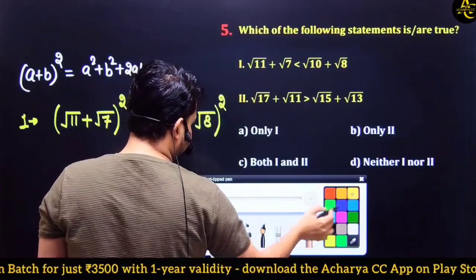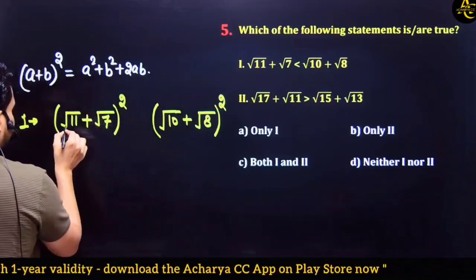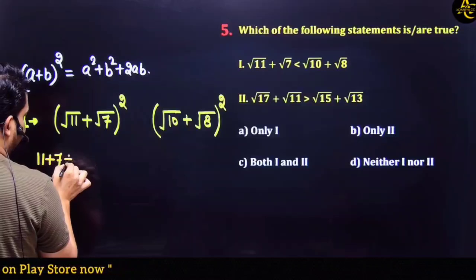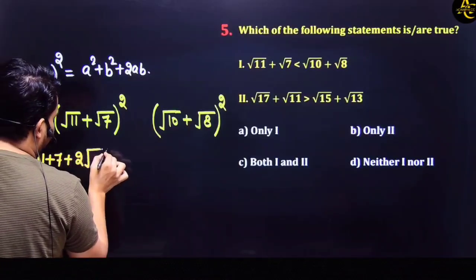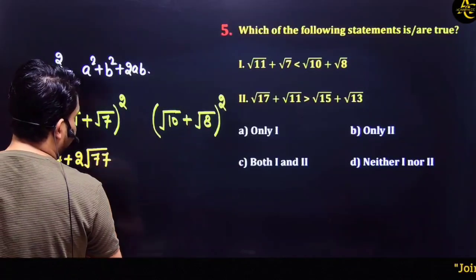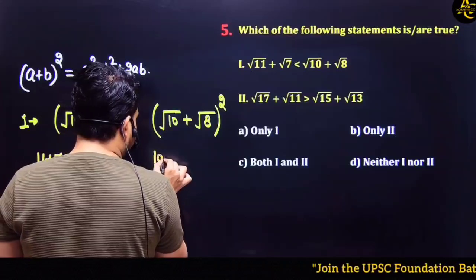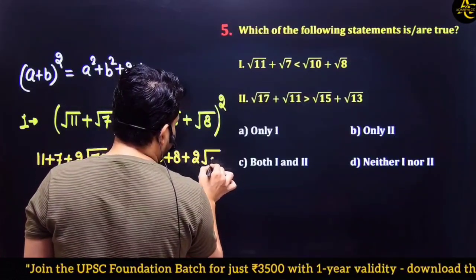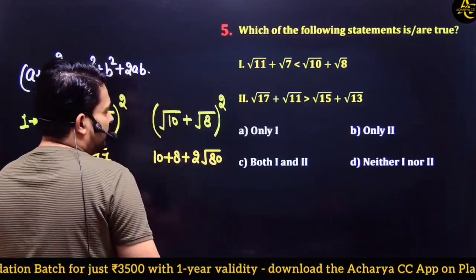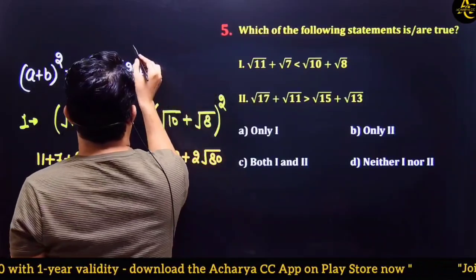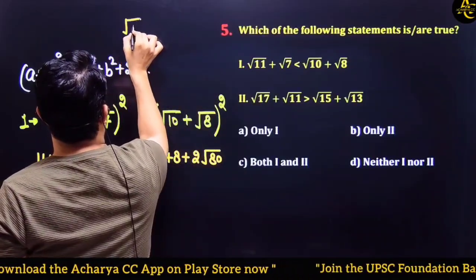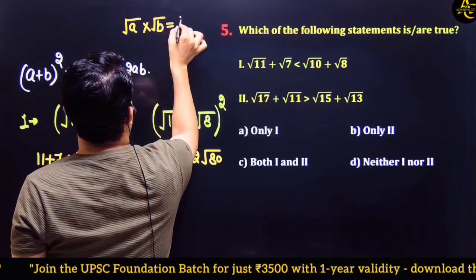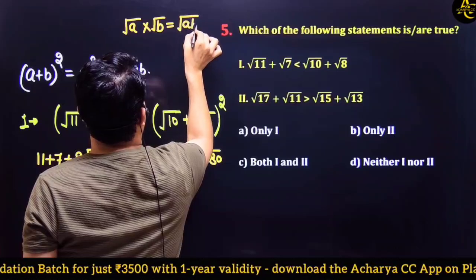See, a square, root 11 square is 11, plus 7, plus twice ab, meaning 2 root 77. Here again we have 10 plus 8 plus 2 root 80, because you have to keep one thing in mind, that root a into root b is equal to root ab. These are some properties of surds.